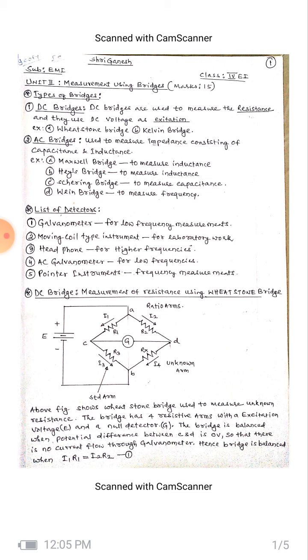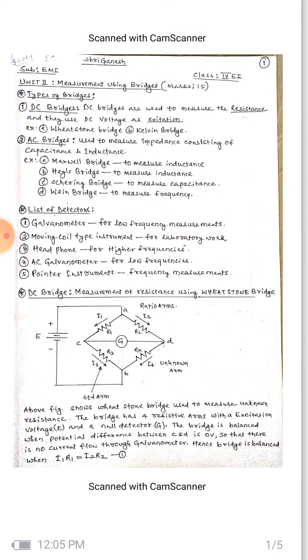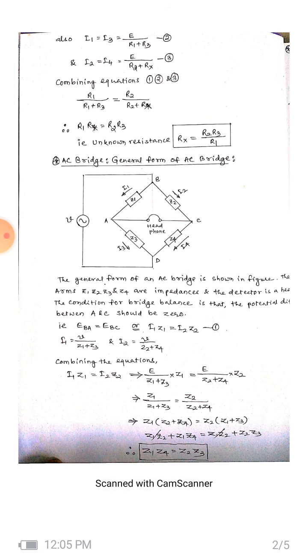As we know, I1 is equal to I3 is equal to E divided by R1 plus R3, whereas I2 is equal to I4 is equal to E divided by R2 plus Rx. That is based on Ohm's law: current is equal to voltage divided by resistance. Equations 2 and 3 are written for I1, I3 and I2, I4.